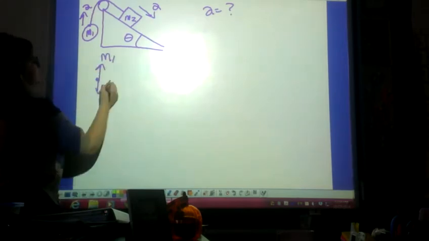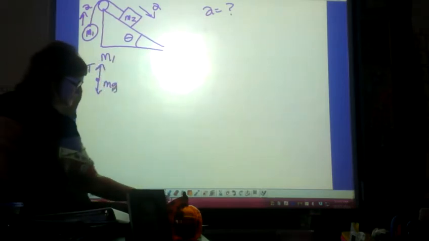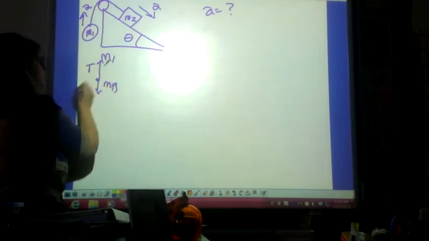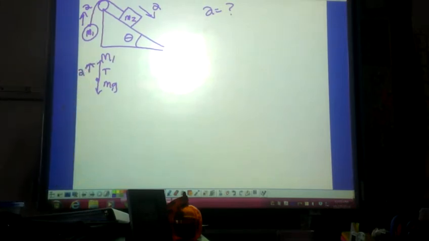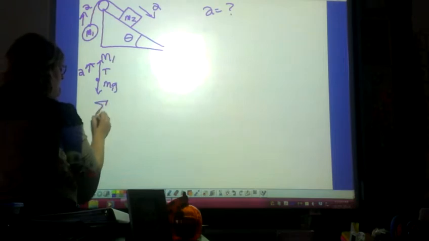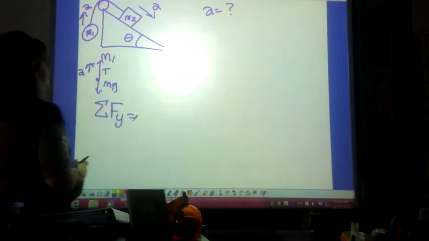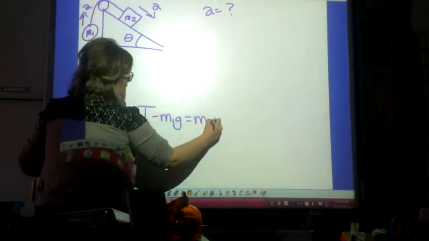Tension, weight force. Tension should be larger than the weight force because it's moving upwards. Let me actually change that. Okay, much better. So my sum of the forces for this first one, sum of the forces in the Y is going to equal tension minus M1G equals M1A.